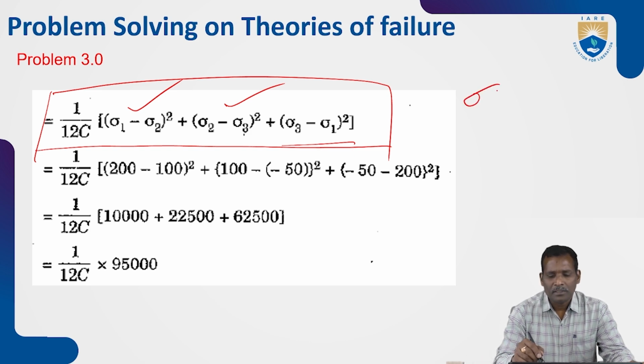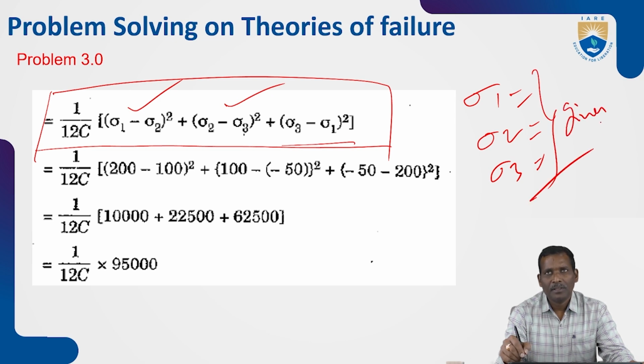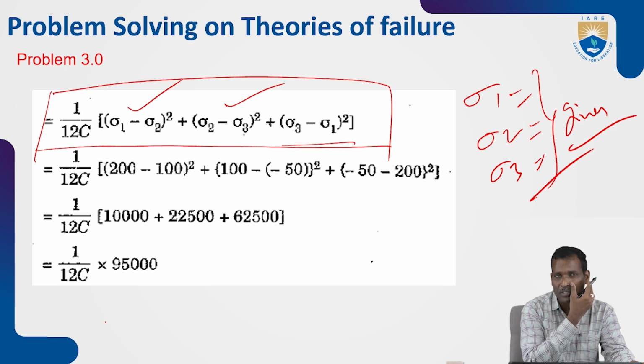Because the sigma 1, sigma 2 and sigma 3 values are given in our problem, and the Poisson ratio mu is also given. Here C is the modulus of rigidity, the modulus of rigidity in the shear stress case.